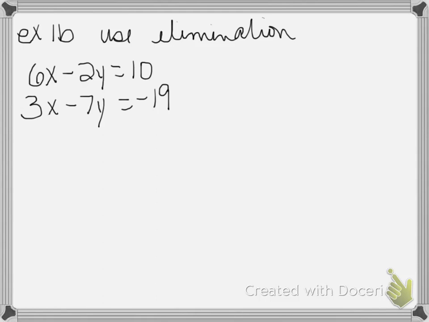What would be a common multiple of 2 and 7? That would be 14. So one would need to be a positive 14 and one would be a negative 14. If I did that, I would have to multiply the top equation by a 7, and the bottom by a 2. It would be much easier to get rid of your x's because I would only have to multiply the second equation by a negative 2. So that's what I'm going to do.